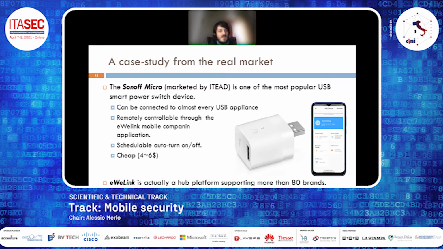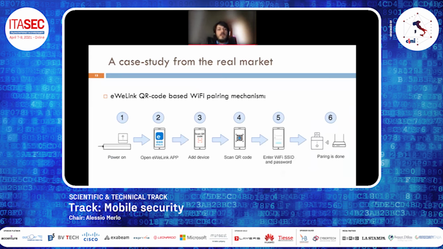Although this device is sold by eWeLink, it is controlled through the eWeLink mobile application. eWeLink is actually a big hub platform that supports more than 80 brands, including Google and Amazon home automation systems.